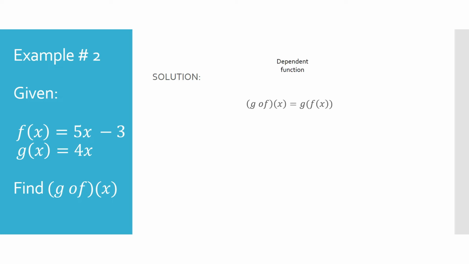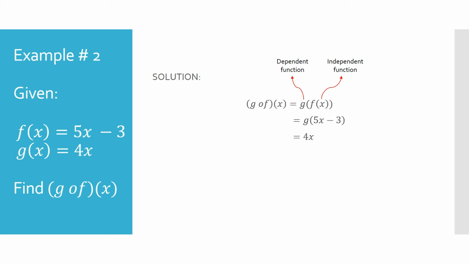To identify the dependent and the independent function, this time our dependent function is function g and our independent function is function f. So we have now g of 5x minus 3. So we just replace f of x with the expression 5x minus 3.